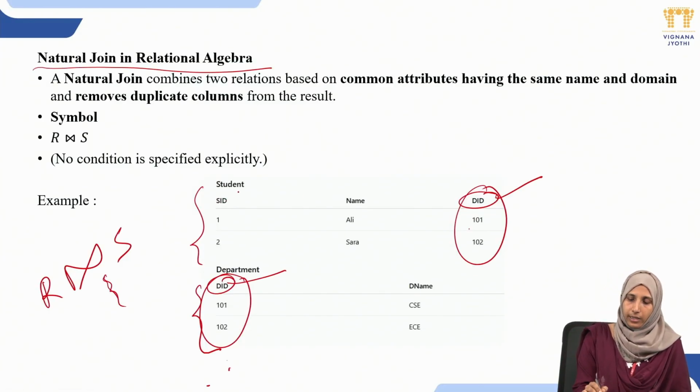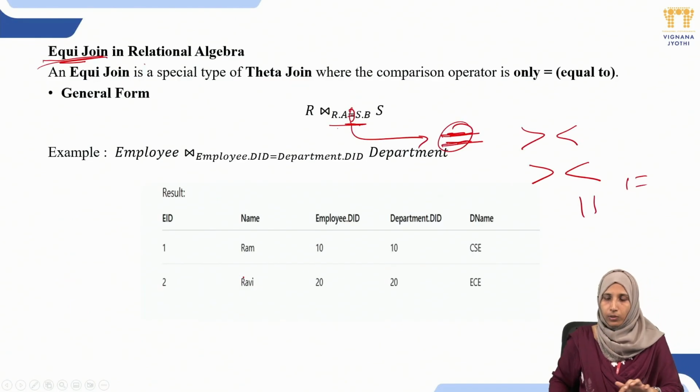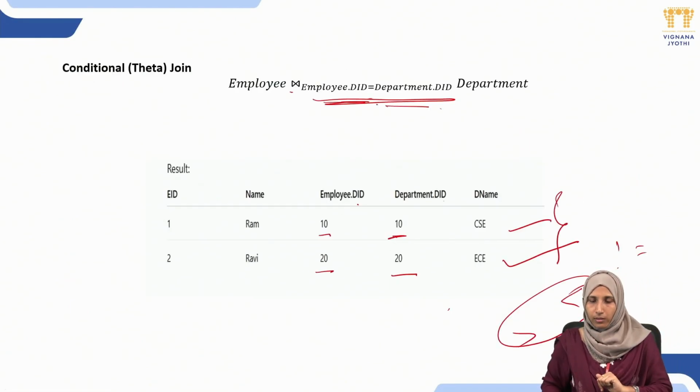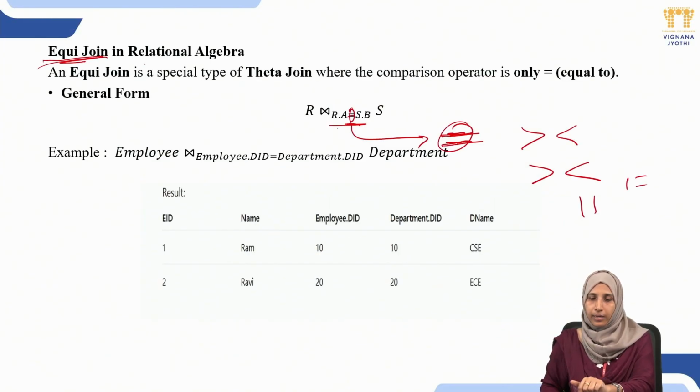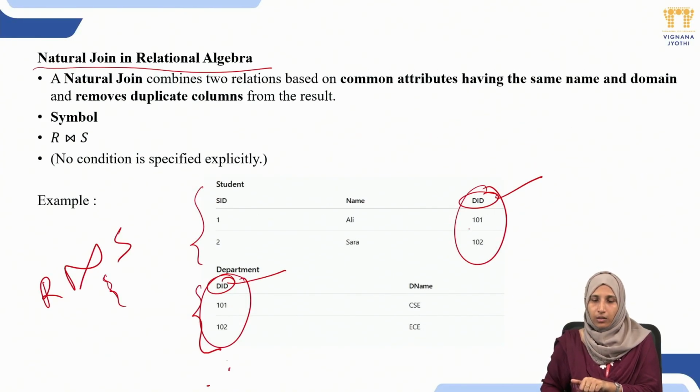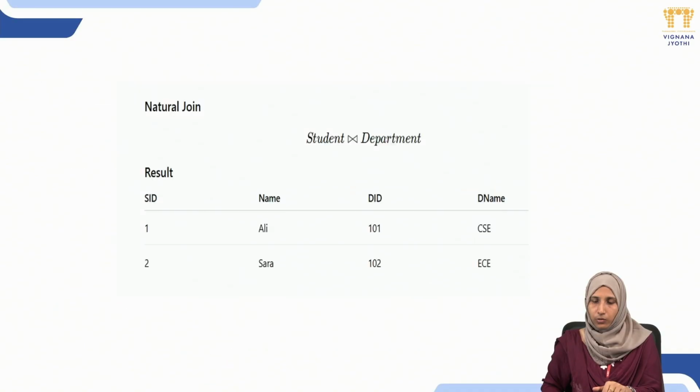Yes, employee and department are there. In our equi-join and conditional join, we happen to see employee.did and department.did. Two times these columns are displayed for conditional join and under equi-join also. Whereas the plus point of natural join is it is not going to display the did separately for employee and separately for department.